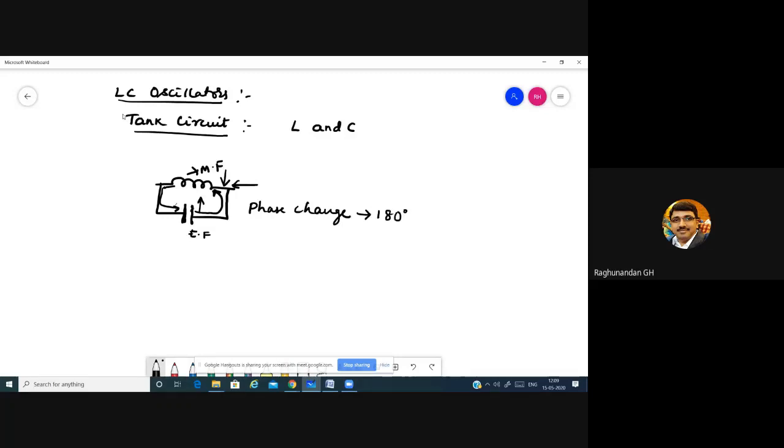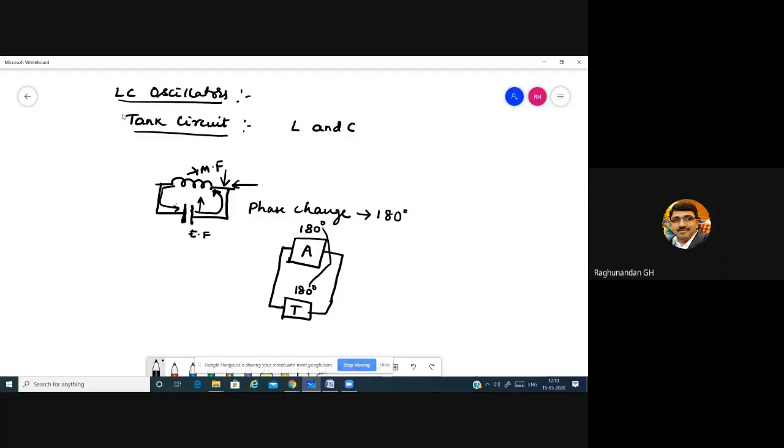So what we do here is we take this tank circuit in the feedback part and connect it to the amplifier. When the tank circuit is connected to the amplifier in this way, the amplifier is going to give 180 degrees and this is going to give 180 degrees.